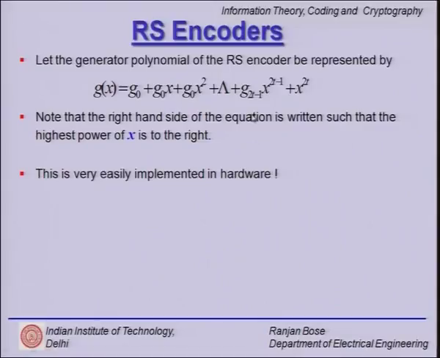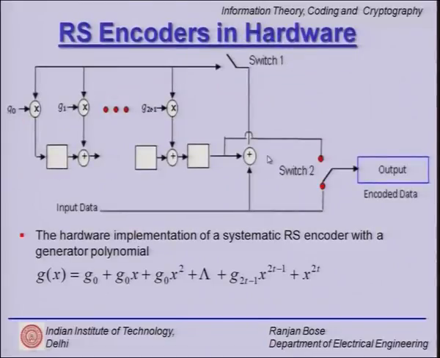Please note we have arranged it so that the highest power of x is to the right. This is a very easily implementable form in hardware. So, how does the hardware encoder for Reed-Solomon look like? Please note there is a shift register, there are some coefficients which will pump in the values for g of x, and then you have two switches, switch 1 and switch 2.